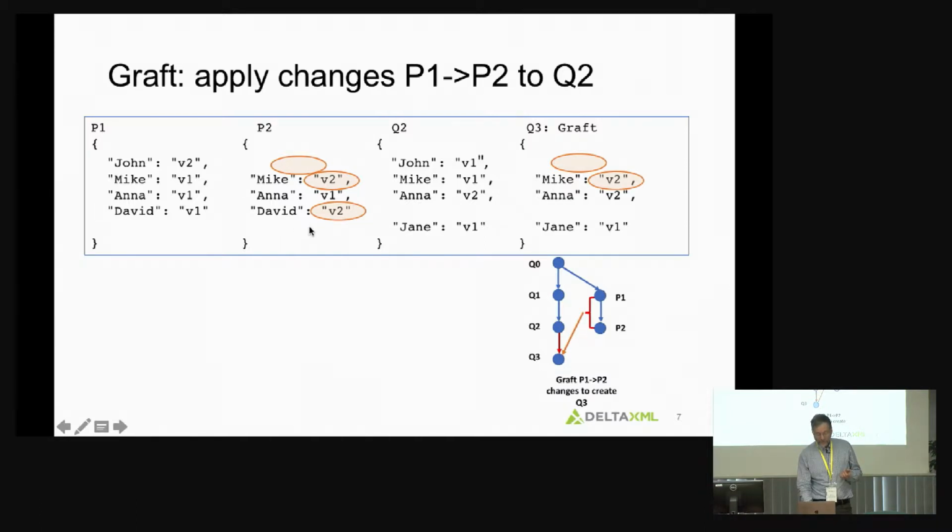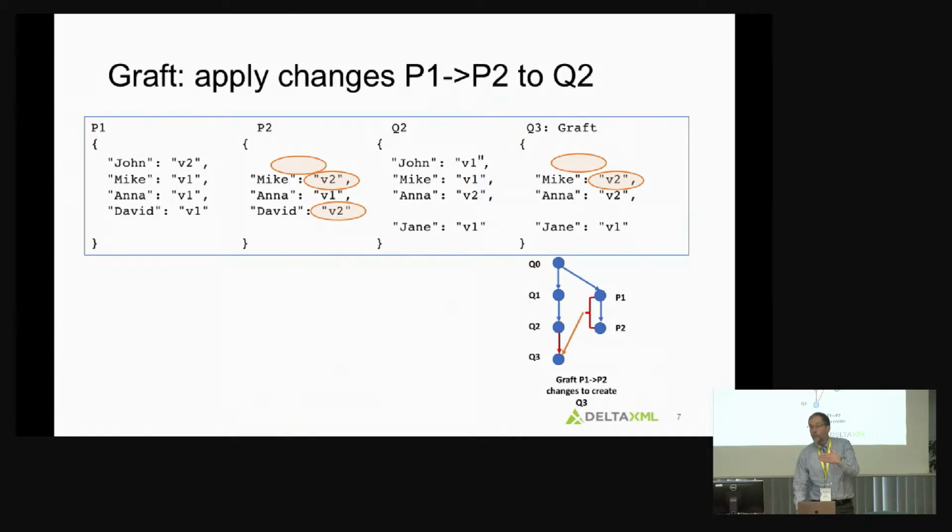David has been changed, but doesn't appear in Q2. Well, that's not a problem. I've got a change that doesn't apply to my data set, so I can ignore that. And then Jane is there in Q2, but not in P1 to P2, so again, no problem. There can't be any change associated with that. So that's graft.